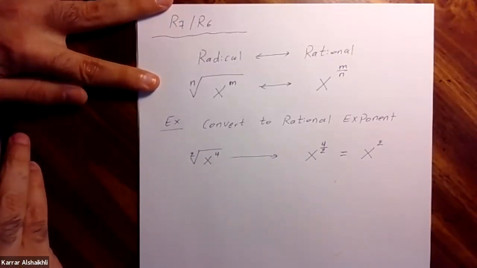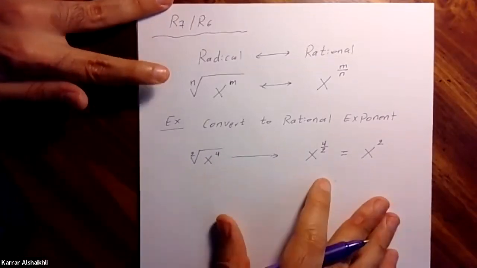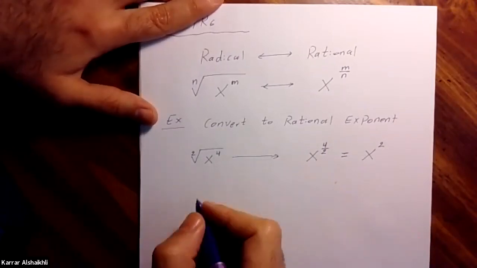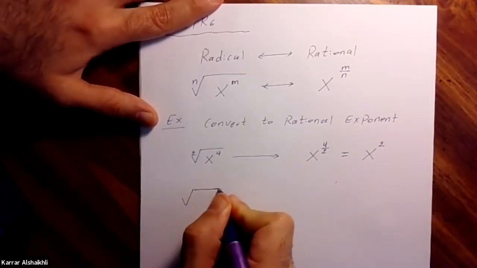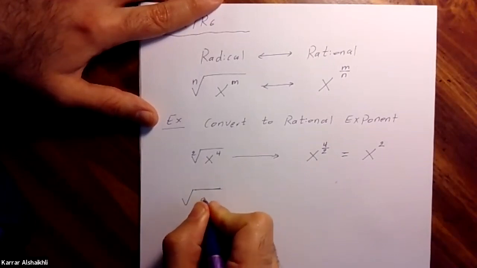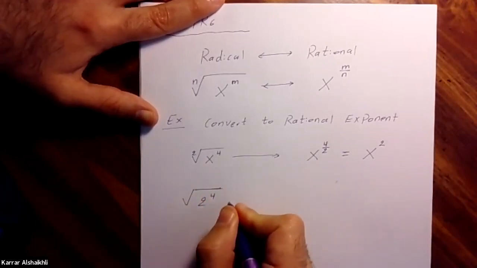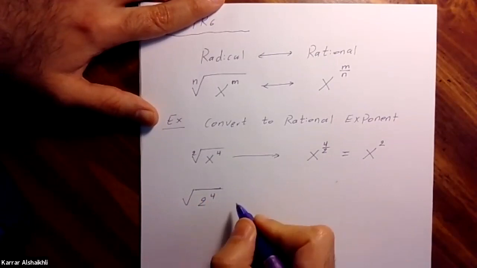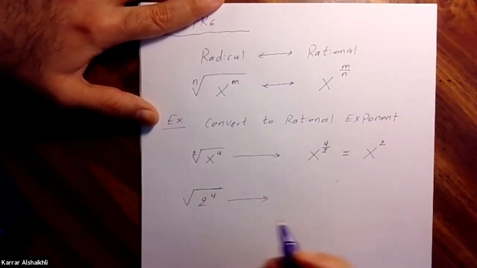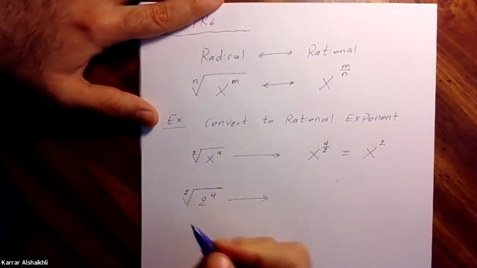Let's do another example. If you have a number, the square root of 2 to the power 4, the same thing. There is no number here, that means the number here is 2.